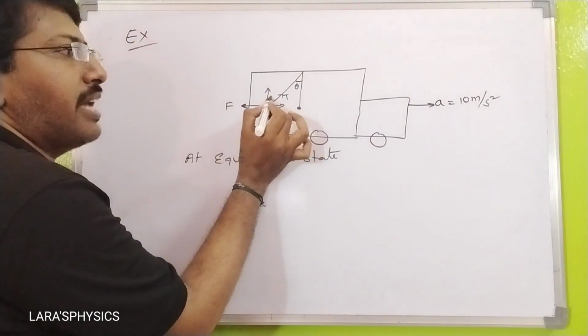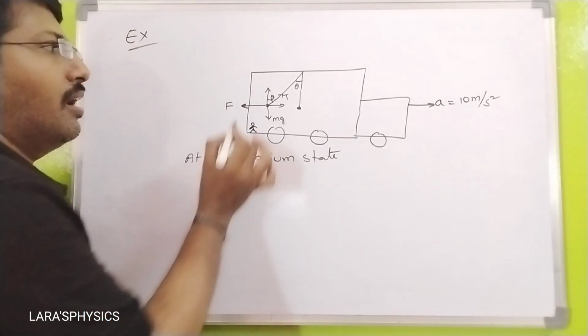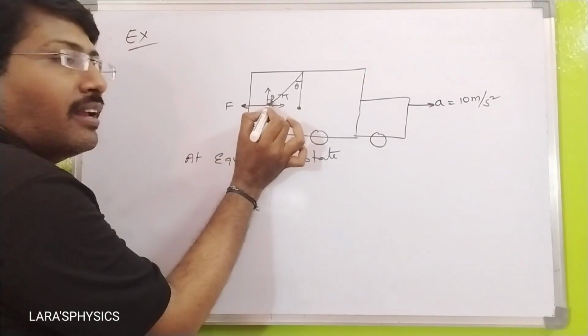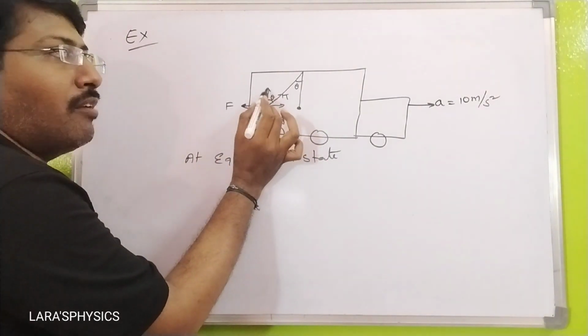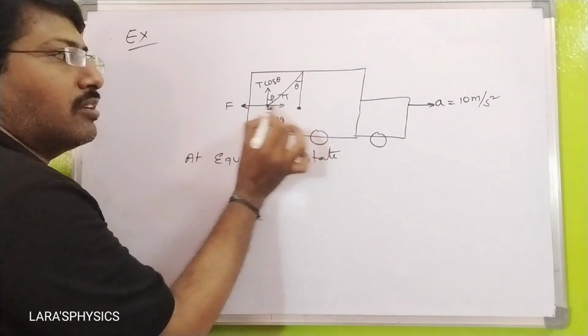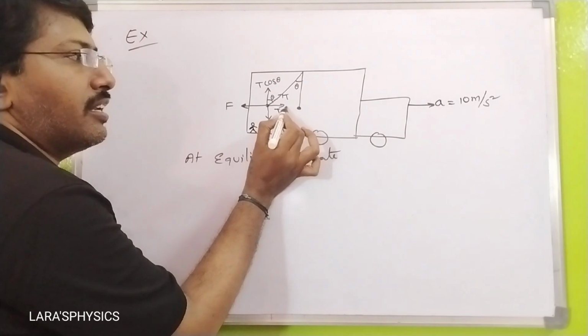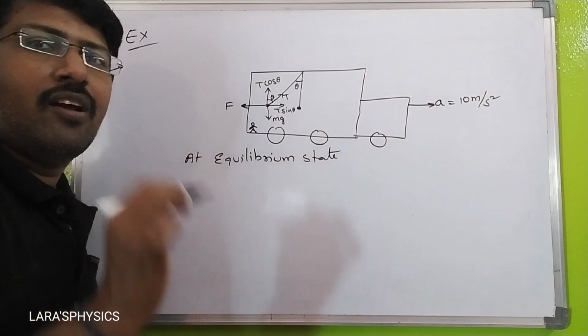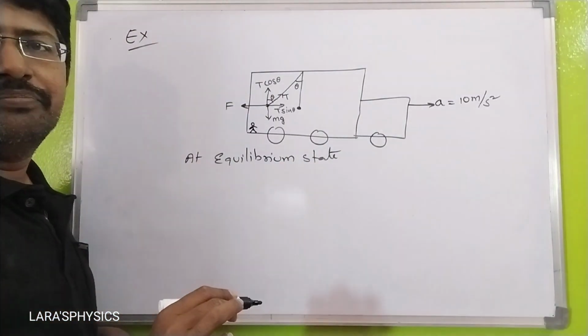This is the T, and this is the angle theta. The component adjacent to the angle is T cos theta, and the remaining one is T sin theta. Just remember, the component which makes angle theta is always cos theta.